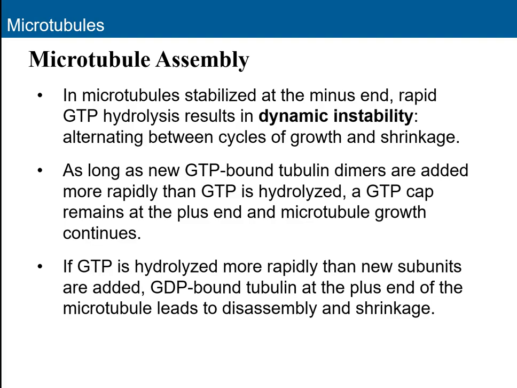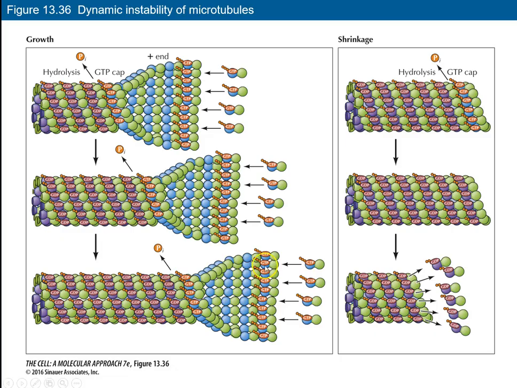We have regulation of the GTP and the GDP on purpose, depending on what's going on in the cell and what needs to happen. This is similar to what we saw before, but if you're talking about growth, you're going to have more of these being added than GTP being hydrolyzed into GDP. You can see that you have growth on this end, and it's not disassembling. If you have a lot of hydrolysis of GTP to GDP, these start to fall off.